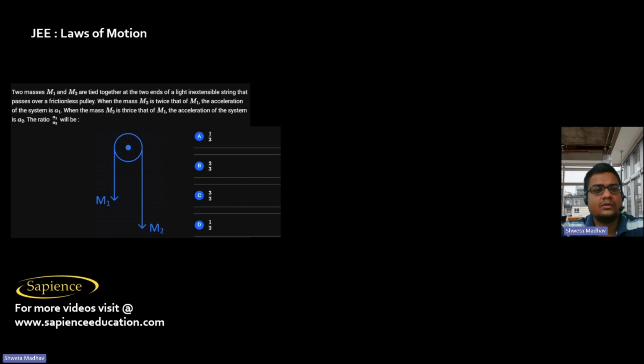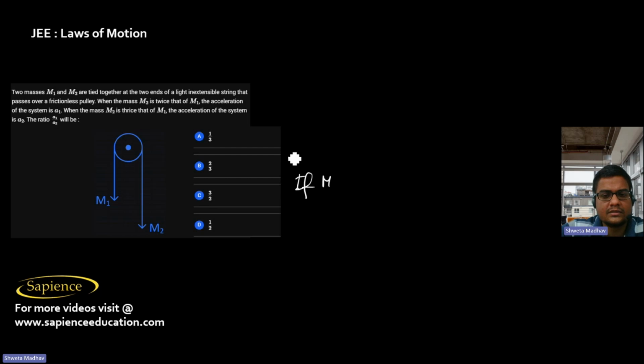Next, two masses m1 and m2 are tied together at the two ends of a light inextensible string that passes over a frictionless pulley.